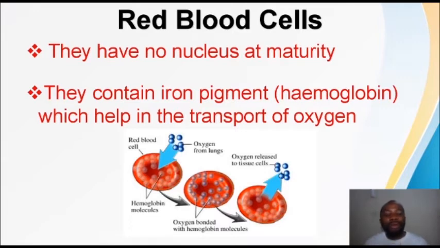Hemoglobin can easily bond with oxygen and can easily also bond with carbon dioxide. So the red blood cell can easily bond with oxygen because of the hemoglobin. It bonds with oxygen, transports it to any part, drops it off, picks up carbon dioxide, transports it, and continues like that. So the red blood cell can transport what? Oxygen. That is their work. Okay.